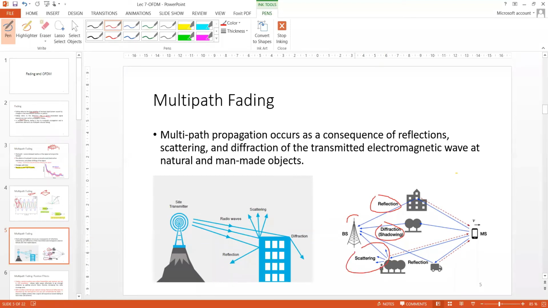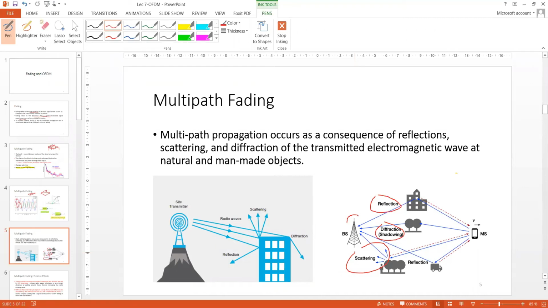We'll be discussing these things in detail, but just to give you an idea, the signal can take multiple paths when traveling over the wireless channel between the transmitter and receiver module. The reason is that there are obstructions present between the transmitter and receiver, and due to the nature of the obstruction, different mechanisms can take place.